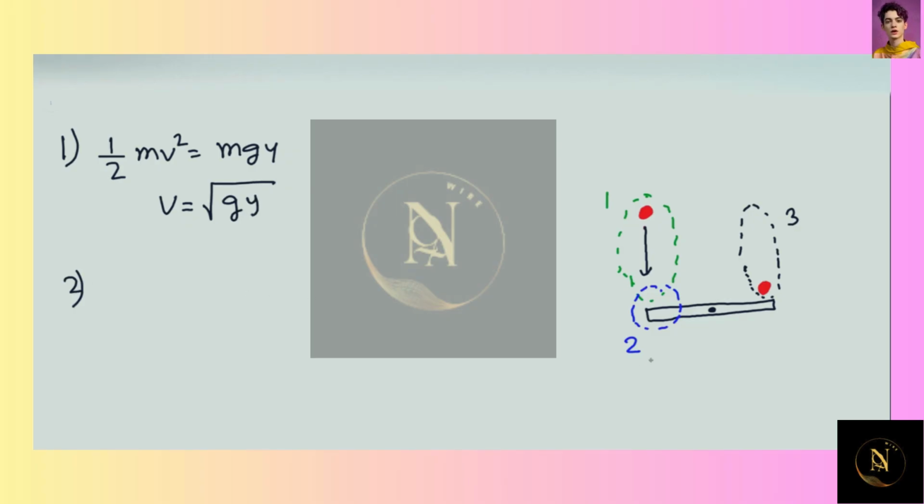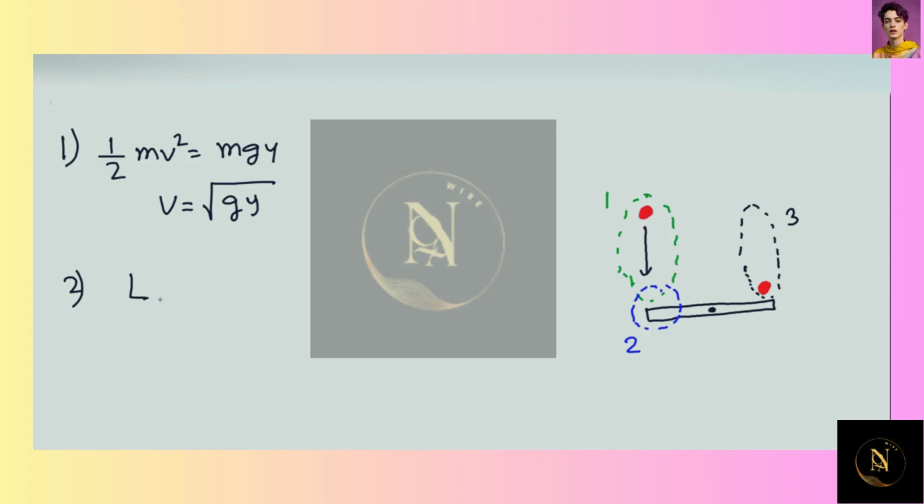Now in part 2, we'll be applying the conservation of angular momentum. To do so, we'll take the axis at the center of the bar.